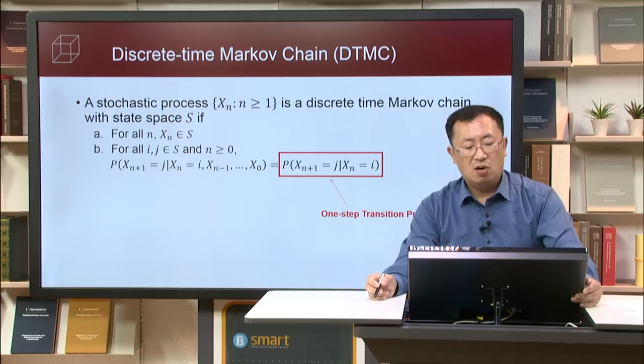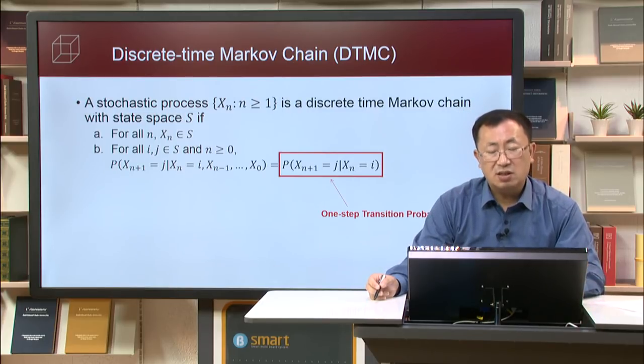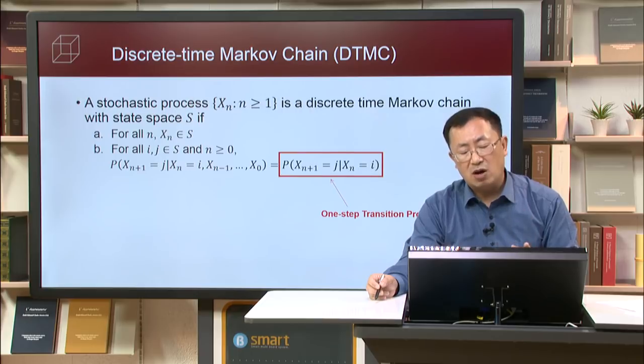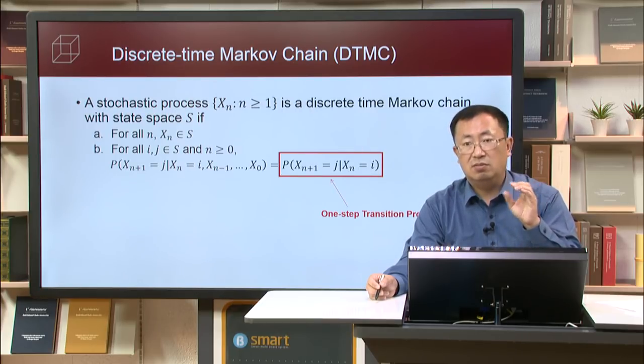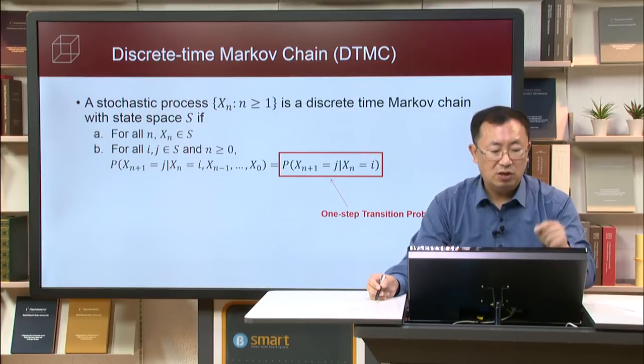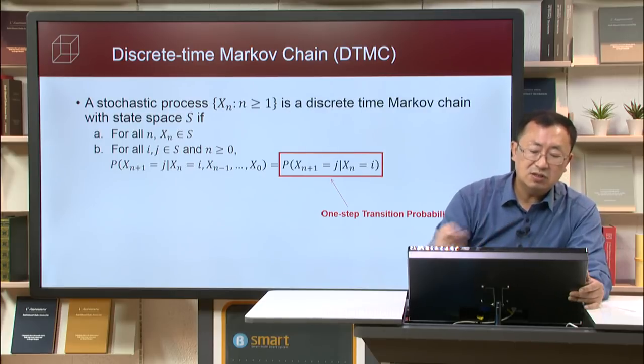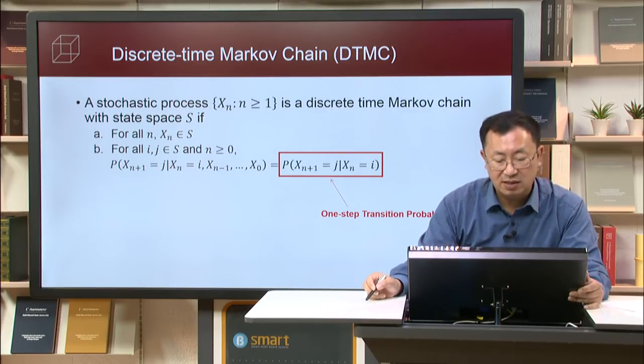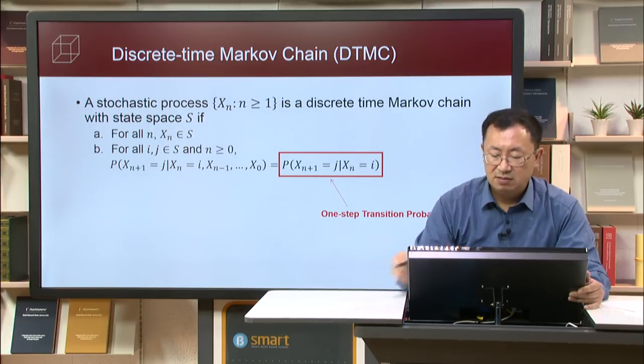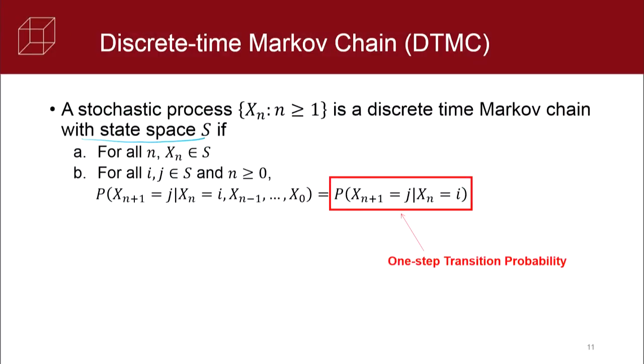So the stochastic process having the Markov property is called a Markovian process. We are interested in the discrete time Markov chain. A discrete time Markov chain is a stochastic process with the state space S, so the state space is discrete. Xn, which is a random variable, takes one value in the state space.